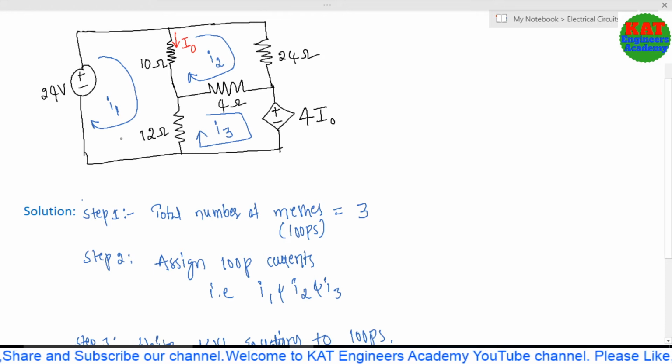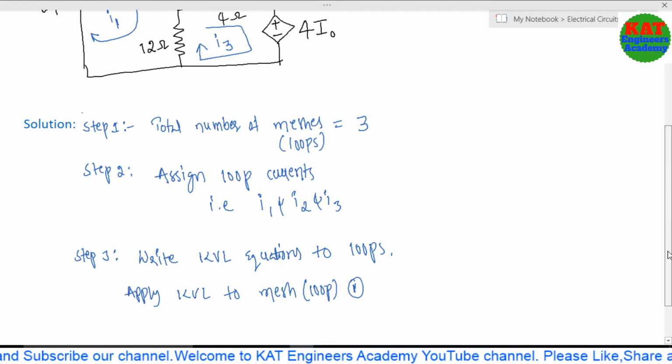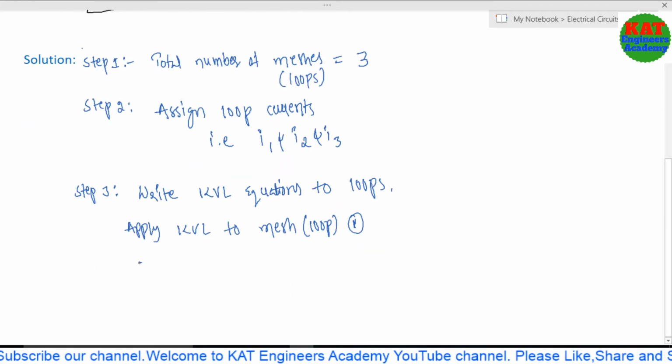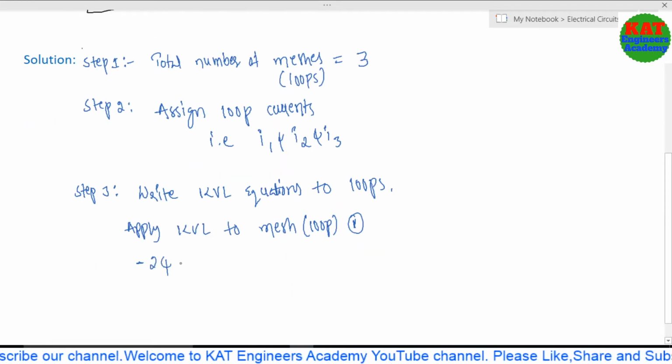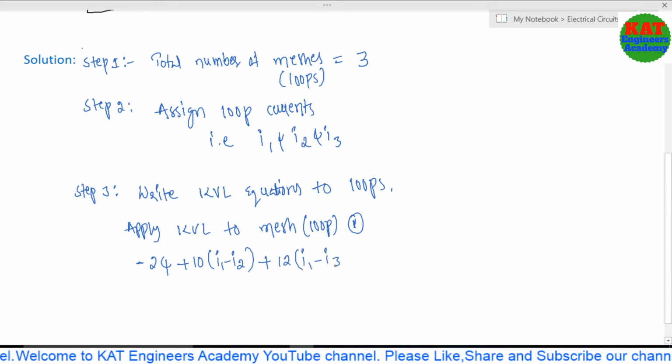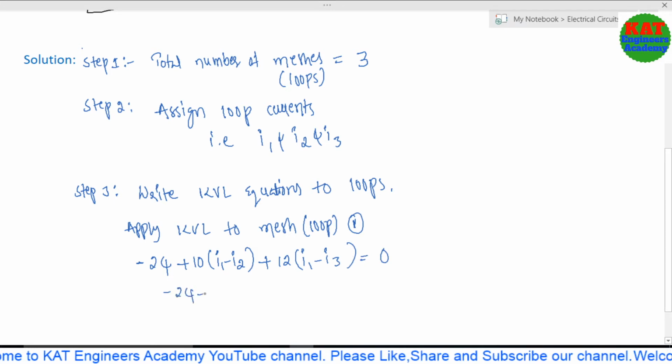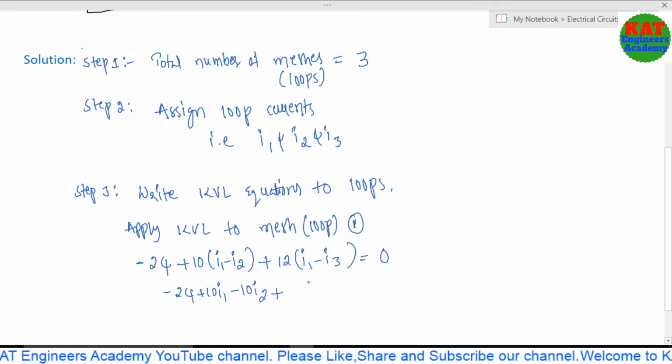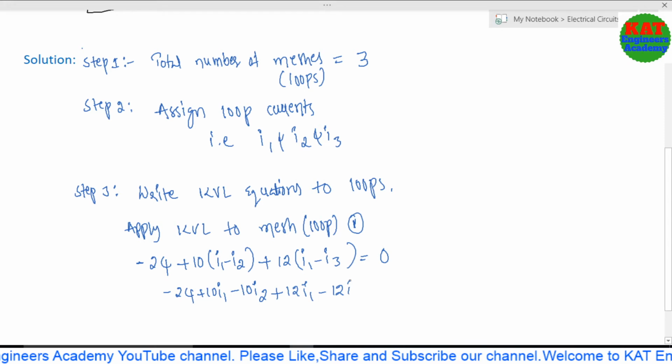So the equation is minus 24 plus 10(I1 minus I2) plus 12(I1 minus I3) equal to 0. Now simplify: minus 24 plus 10 I1 minus 10 I2 plus 12 I1 minus 12 I3 equal to 0.